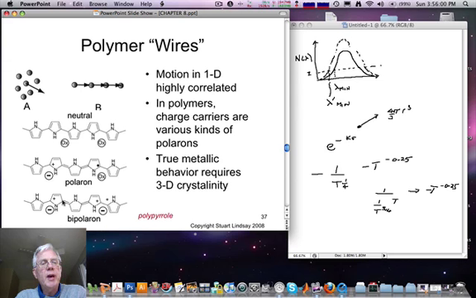Turning now to another type of molecular solid, often called a molecular wire, what happens when we have a so-called conducting polymer?